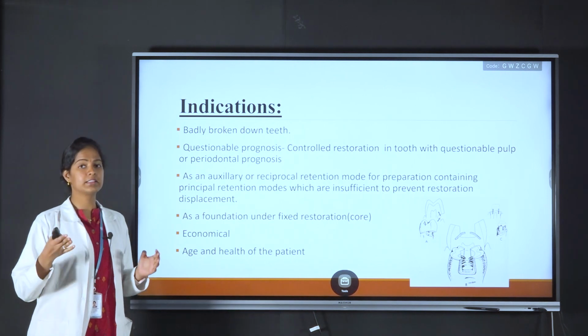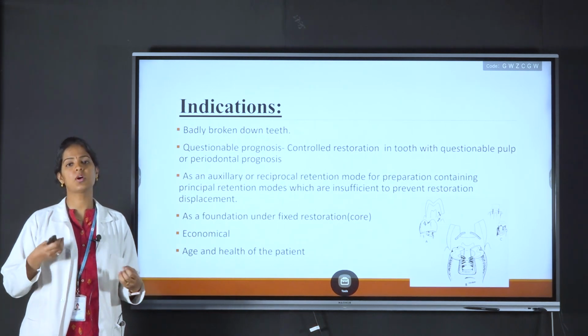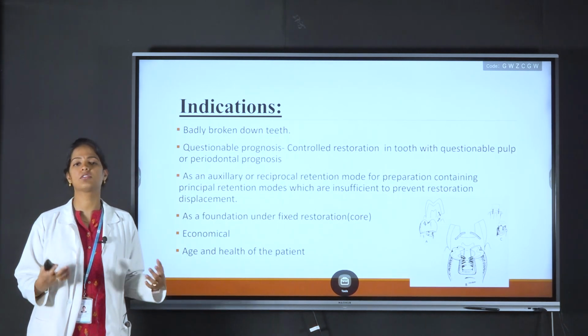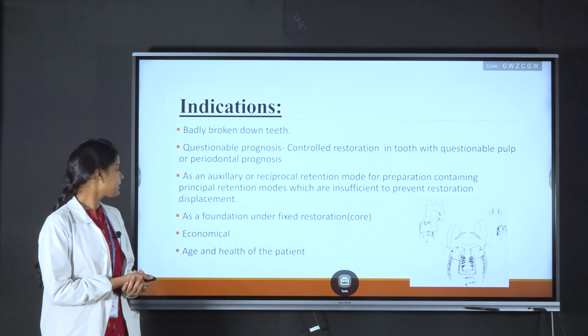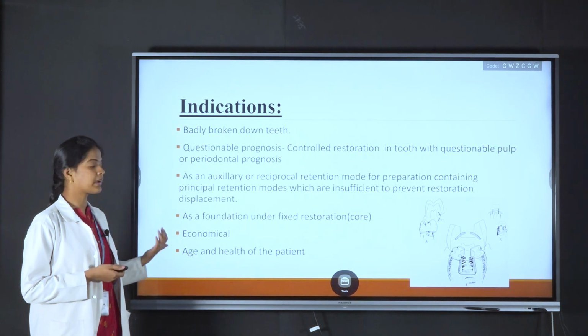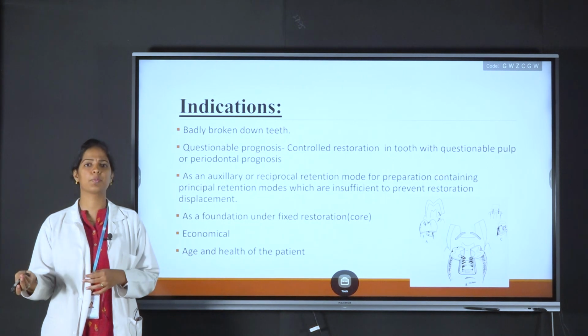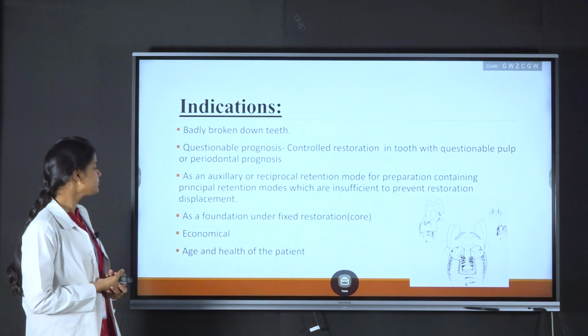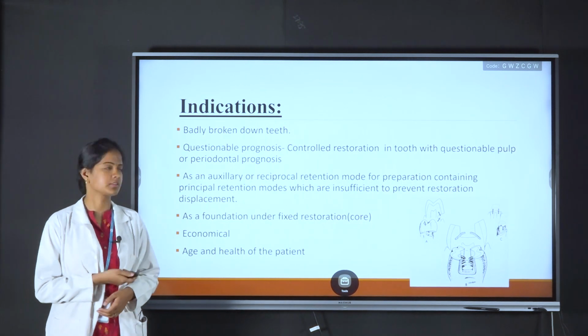Like, already the tooth has a retentive feature, but that could be insufficient. So as an auxiliary mode of retention also, a complex amalgam restoration is given. Apart from that, as a foundation under a fixed prosthesis, or in economical cases where the patient cannot afford a root canal or an extraction followed by an implant, this can be done, and also considering the age and health of a patient.